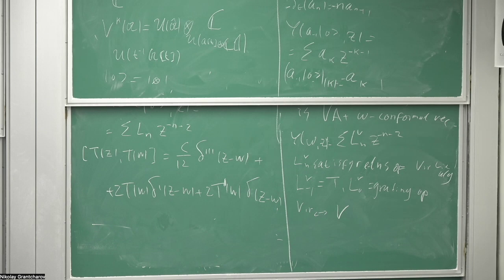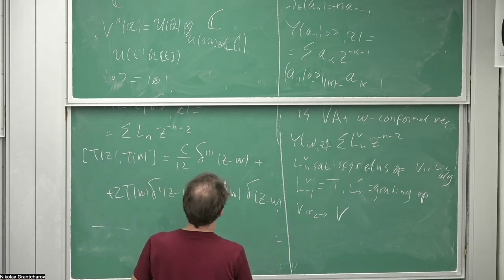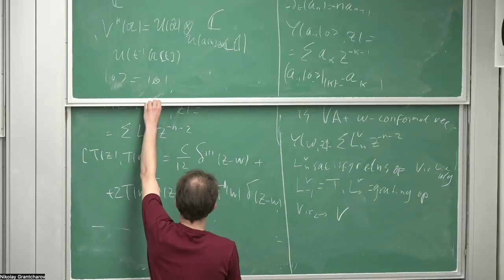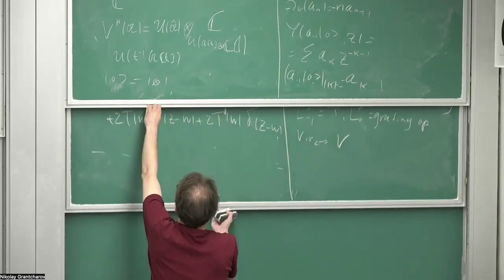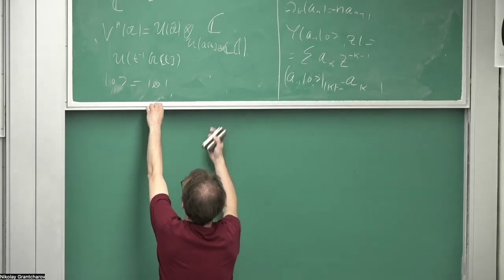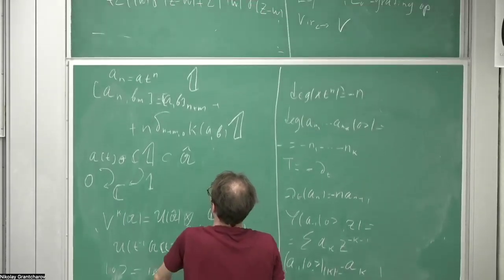Okay, so now I will state and probably not prove basic abstract properties of vertex algebras.